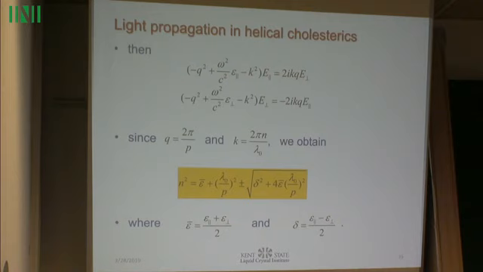So what we see then is that we have 2 values for n squared, and of course n can be positive or negative, indicating light propagation one way or the other.